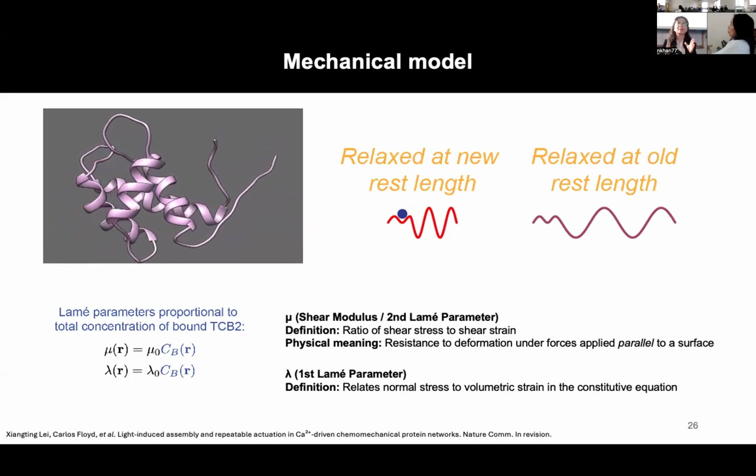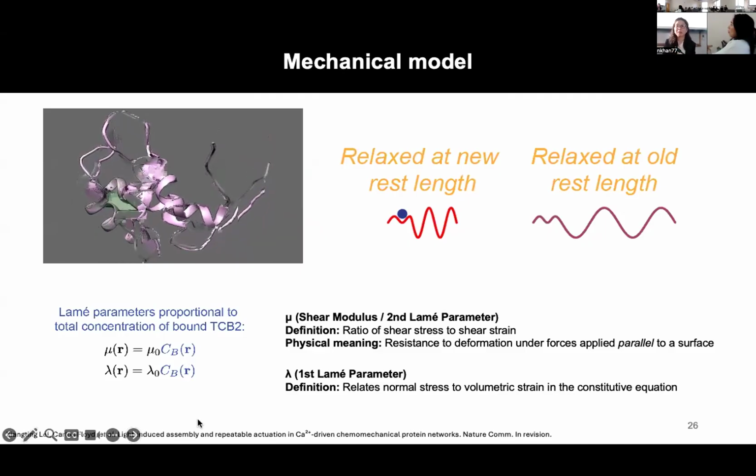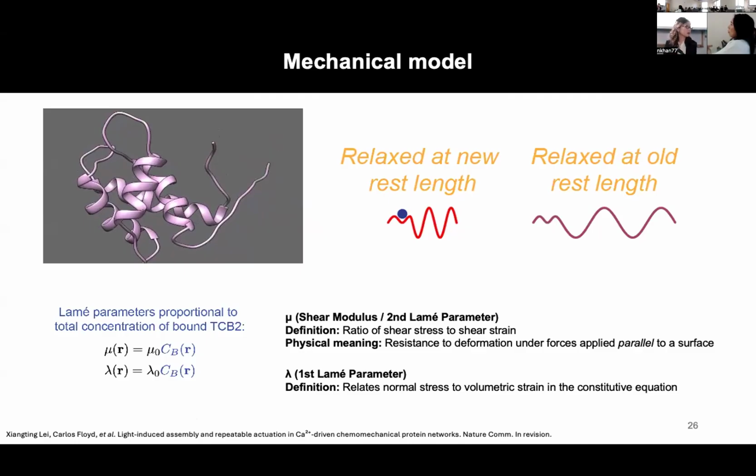Or if we're thinking of it as a spring, before bending they have a rest length, and after bending they have a new rest length. To connect this to our chemical modeling, we assume the local spring Young's modulus is directly linked to the local concentration.